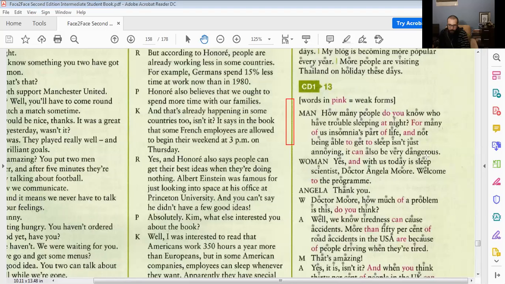So this is our focus. Are your answers correct or not? Did you forget anything? Yeah, to get to. So you forgot the first two, and you also forgot the fourth, I think.